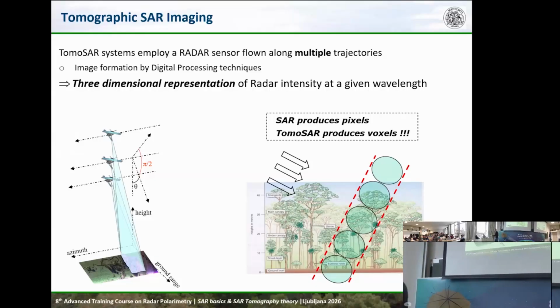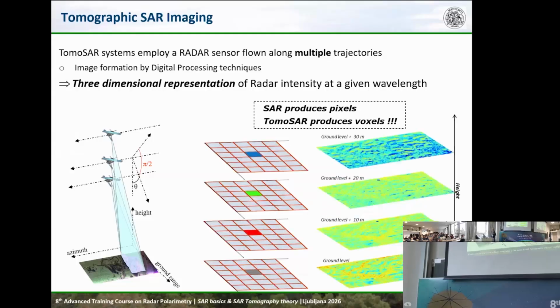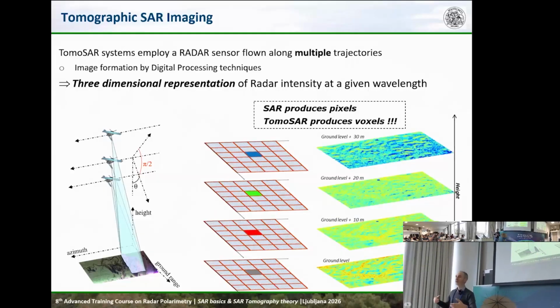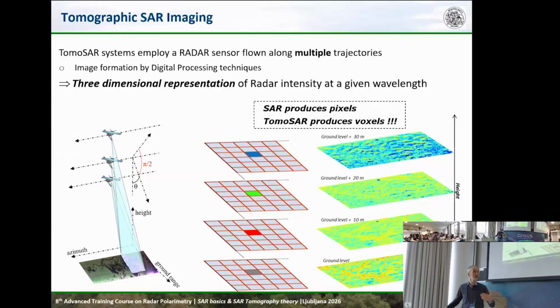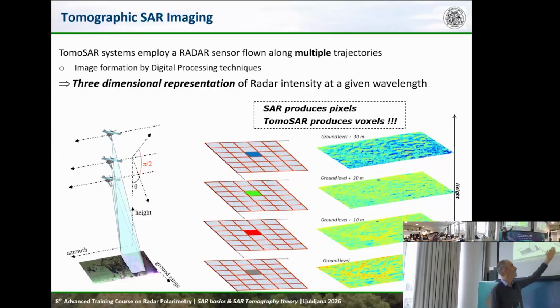That is to say that when we say tomography, it means that we no longer produce pixels, we become producers of voxels.